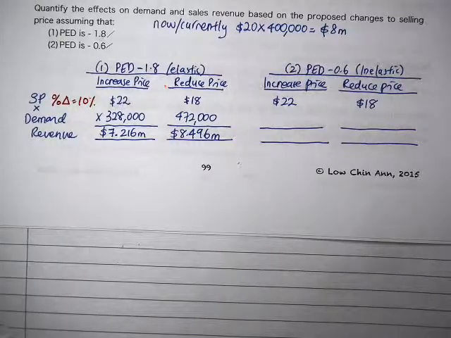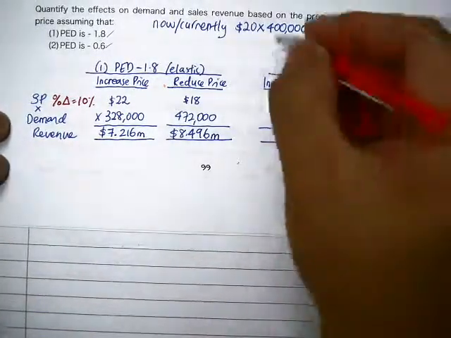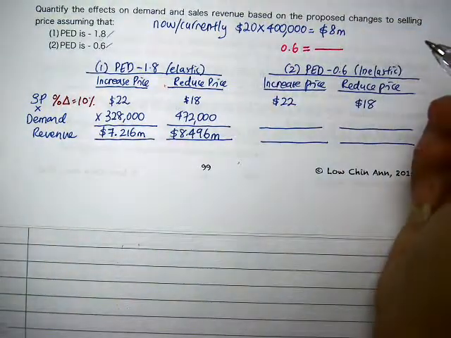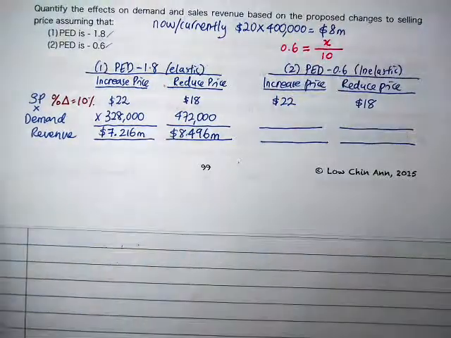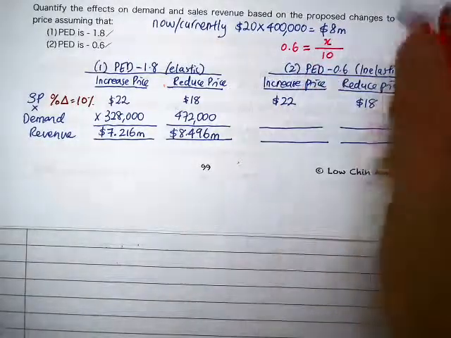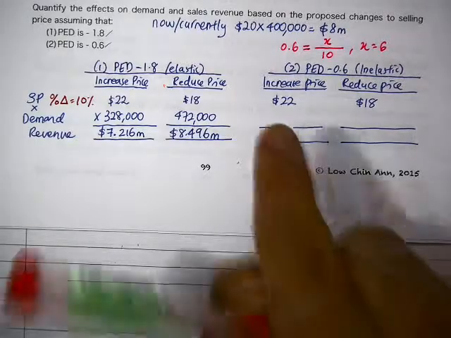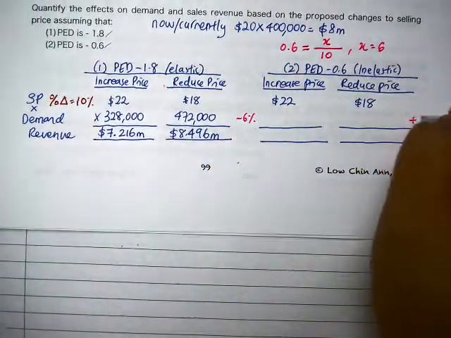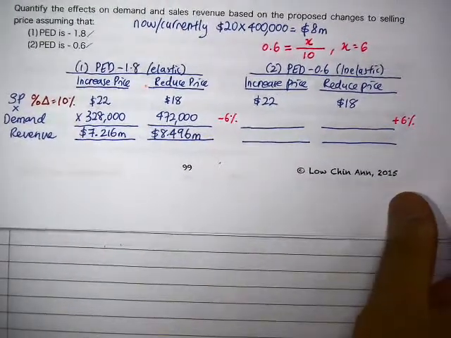Now, but this time you see it is 0.6, class. So 0.6 equals change in demand over change in price. The price change is 10, then what is X? 6. So here demand dropped 6%, here demand increased 6%. Okay.